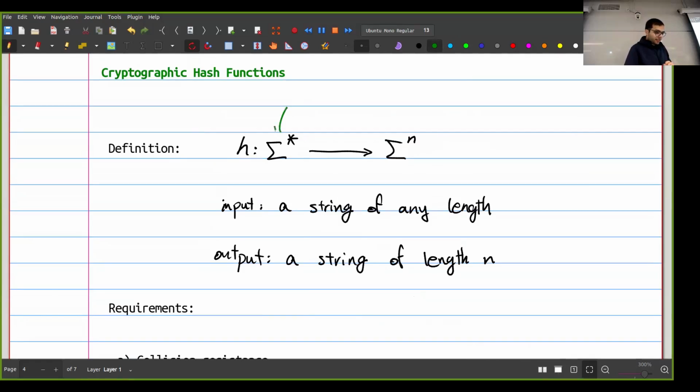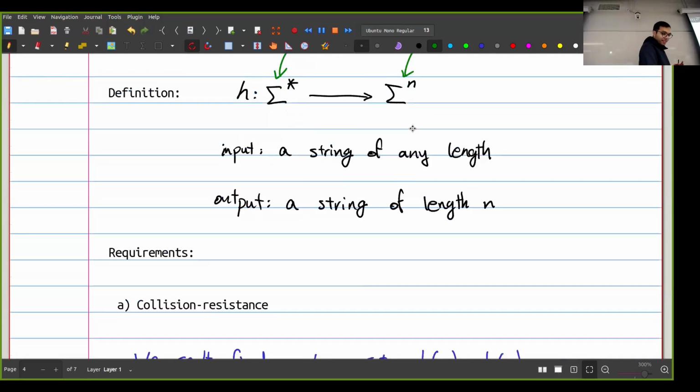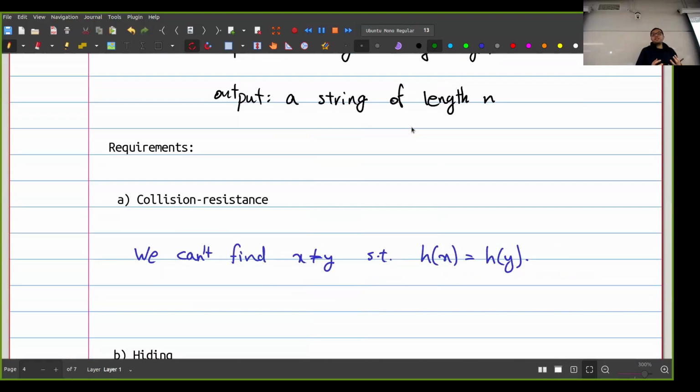And on this side, I have an infinite set, whereas this one is a finite set. It actually has 2 to the power of n elements, if I have strings of zeros and ones of length n. So mathematically, we know that it's impossible to have a one-to-one function from an infinite set to a finite set. So mathematically speaking, there are different strings that have the same hash.